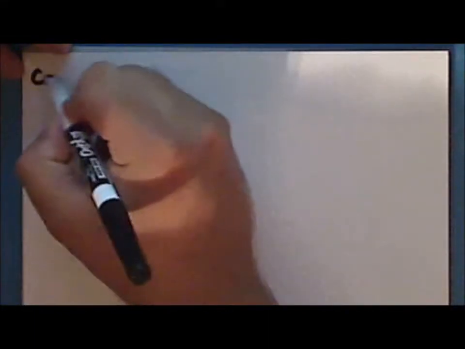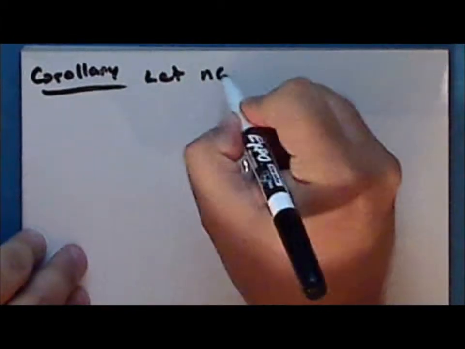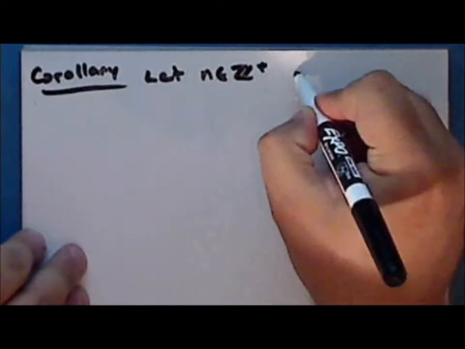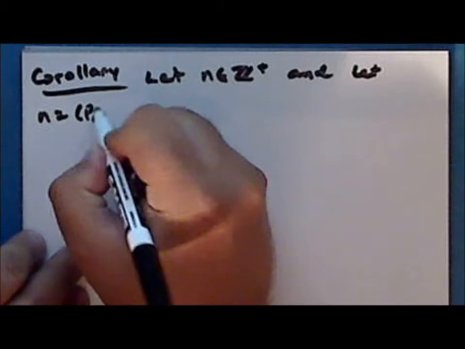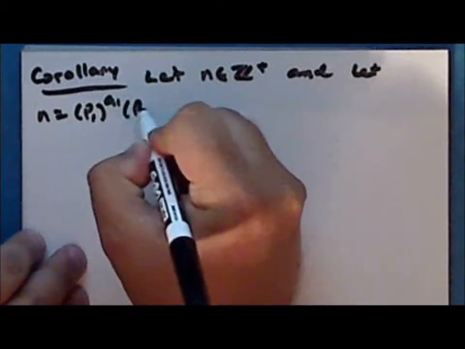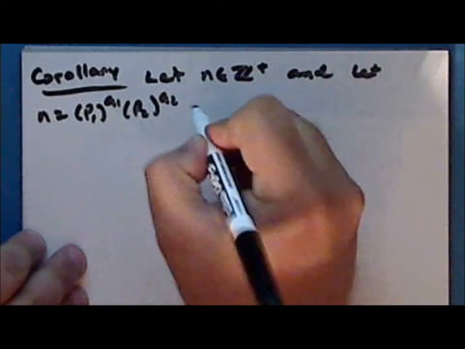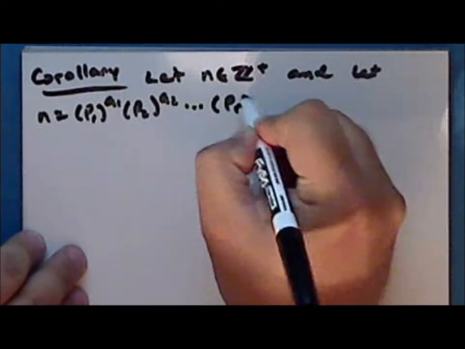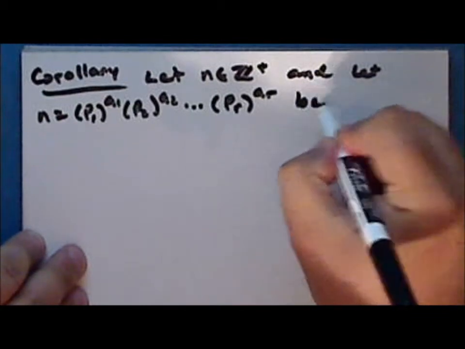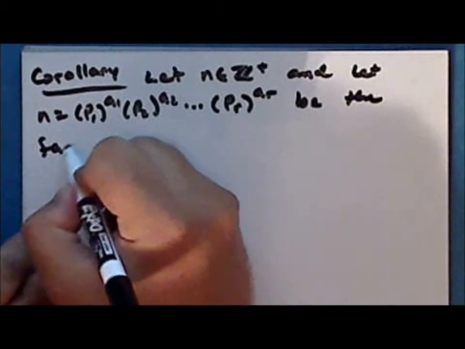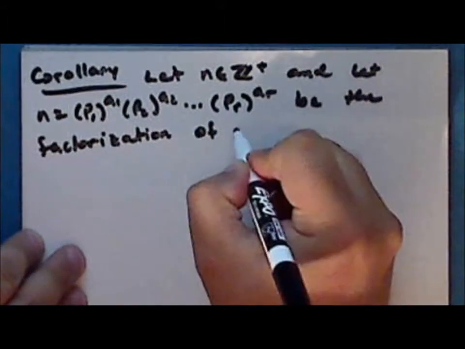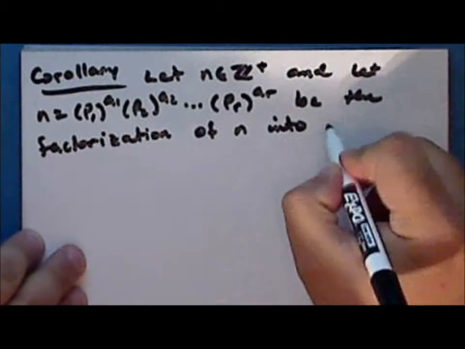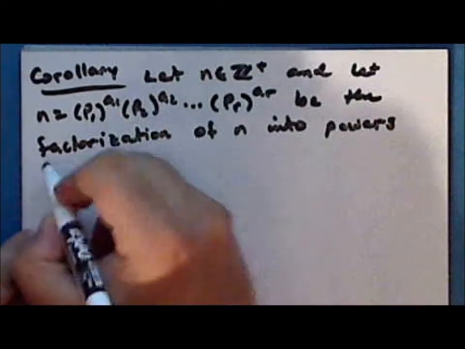So as a corollary, let n be a positive integer, and let n equals p sub 1 to the power of a sub 1 times p sub 2 to the power of a sub 2, and so on through p sub r to the power of a sub r be the factorization of n into powers of distinct primes.